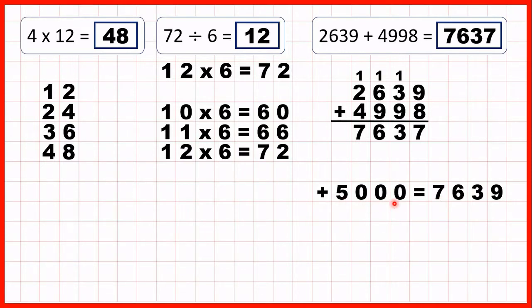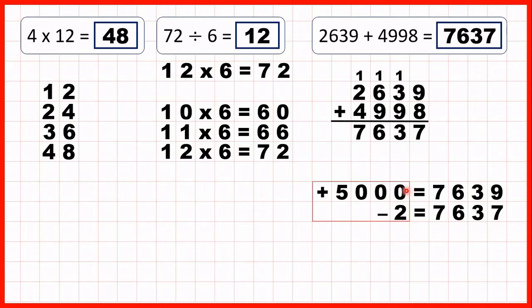But that's adding 5,000, and we only want to add 4,998. So here we've added 2 too many. So we need to adjust by subtracting 2, and that gives us our answer.